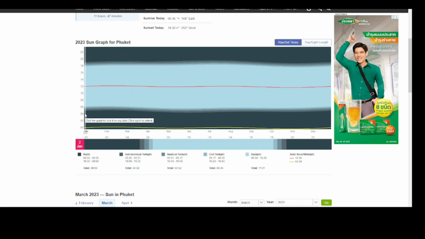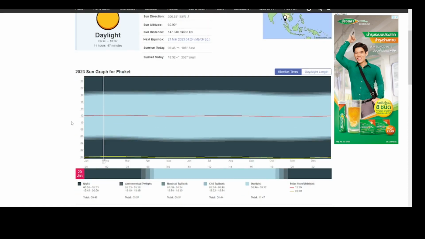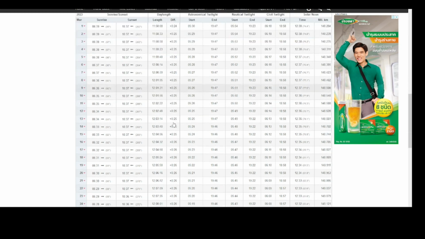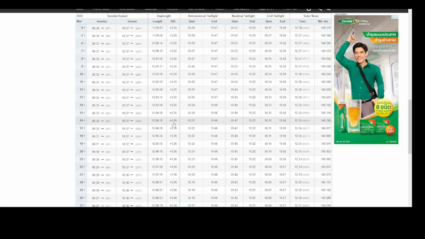We've got less than an hour's difference in the total amount of daylight per day, and so you can also see on this chart down here, we've got the sunrise and sunset time. Also, you've got the heading of the sunrise and sunset, so it's almost east and west directly there. And you have the length of the day, and you've got the difference. Okay, that you can see. And so it goes on.